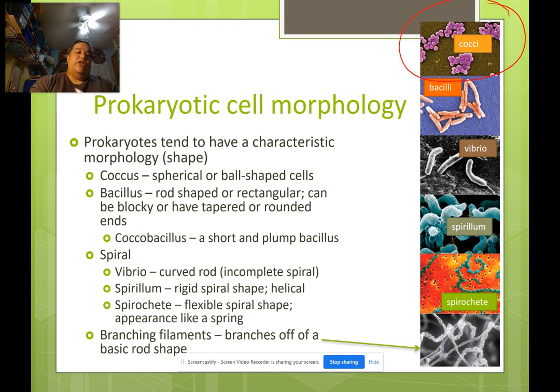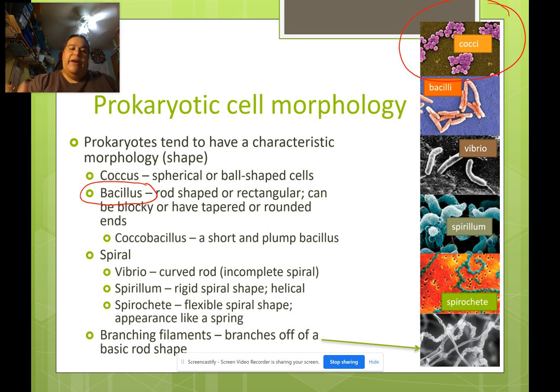Now, the second shape that we tend to see is bacillus. Bacillus are rod shaped or hot dog shaped. On a slide in a microscope, they tend to look rectangular because you're taking a hot dog and squishing it to look two-dimensional, so it'll look like a rectangle.